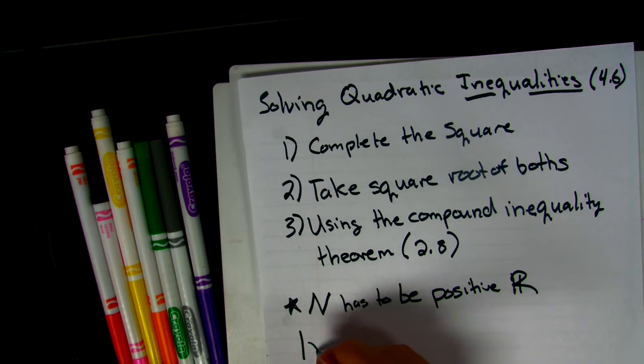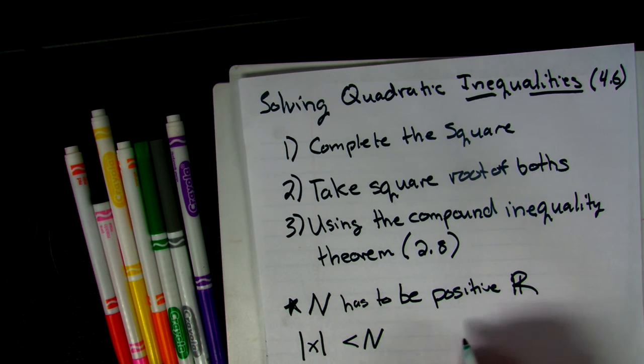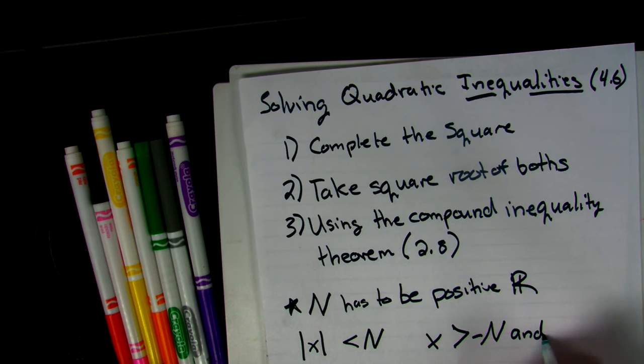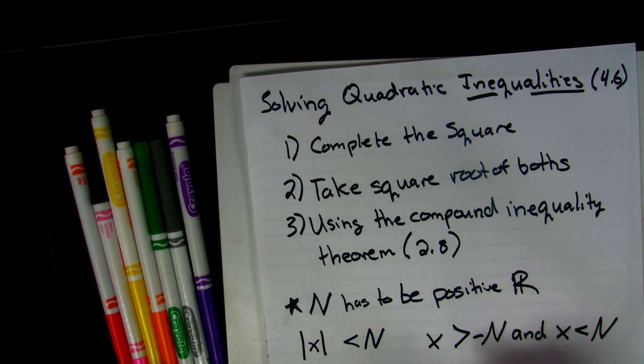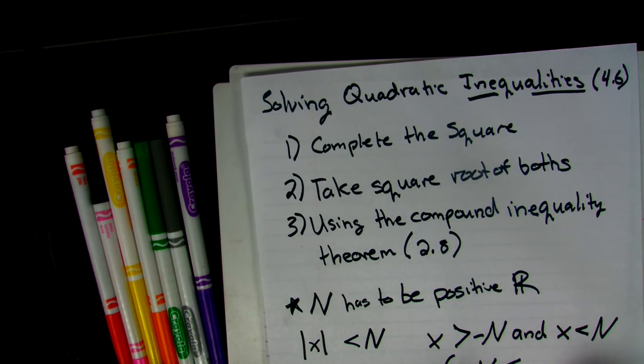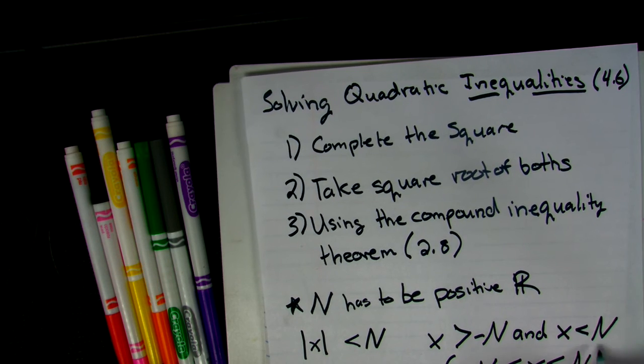If you have an absolute value of x that is less than n, then that means x is greater than negative n and x is less than n. That can also be rewritten as negative n is less than x, which is less than positive n.